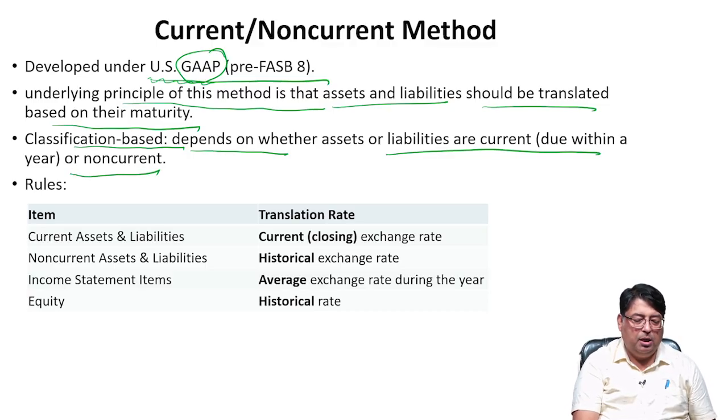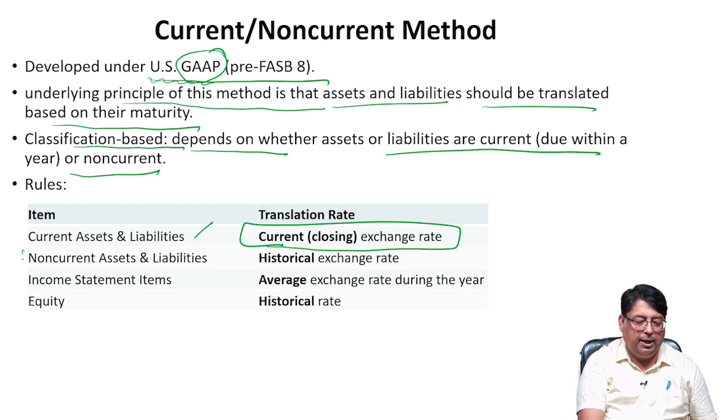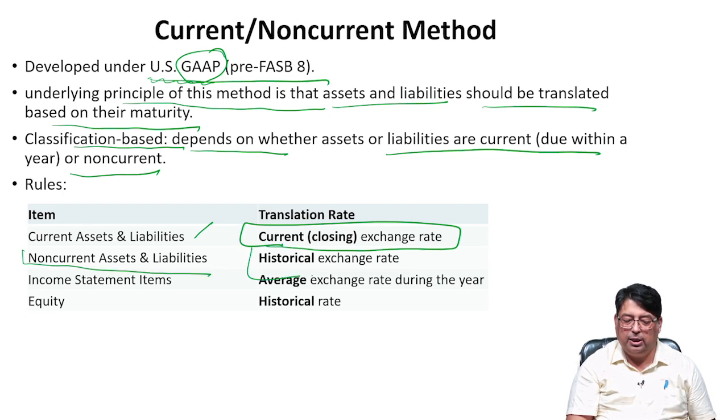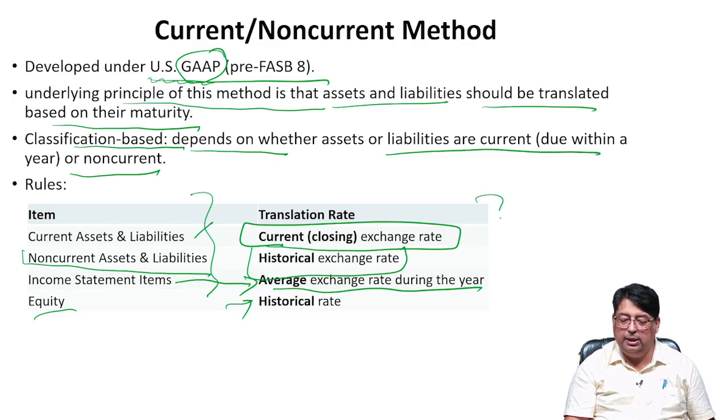The rules are: current assets and liabilities are translated at the current, that is closing, exchange rate; non-current assets and liabilities at the historical exchange rate; income statement items at the average exchange rate during the year; and equities at the historical exchange rate. So, these are the different items and the exchange rates at which they are translated into the figures of the parent company.